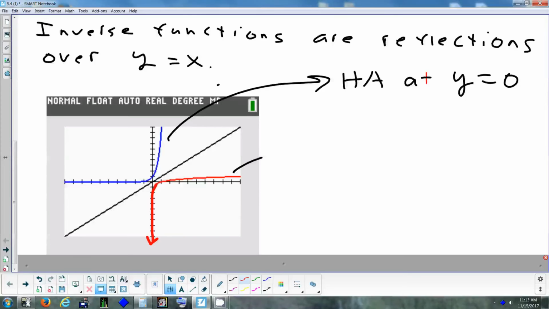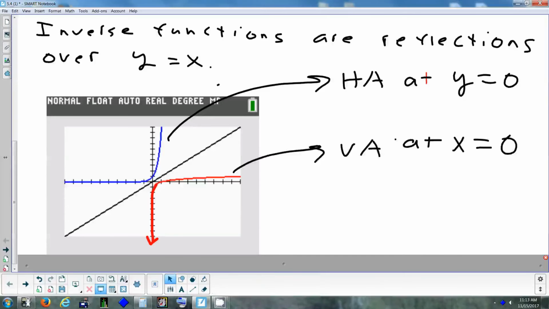In the red graph, because it's a mirror image, all of a sudden you go from having a horizontal to a vertical. So in this case, there's a vertical asymptote at x equals 0. It's switched. So yes, they both have asymptotes, but they are different. And again, the way I drew it in red, it does look like it touches the y-axis, but it doesn't. It's just because my pen has thickness and I can only draw it so accurately.